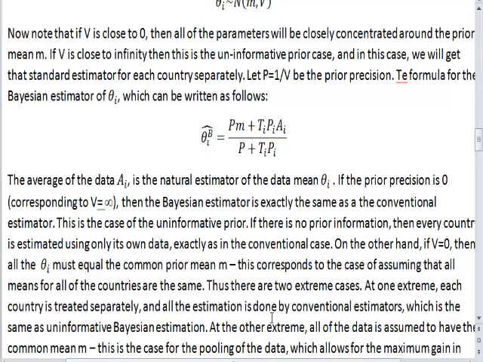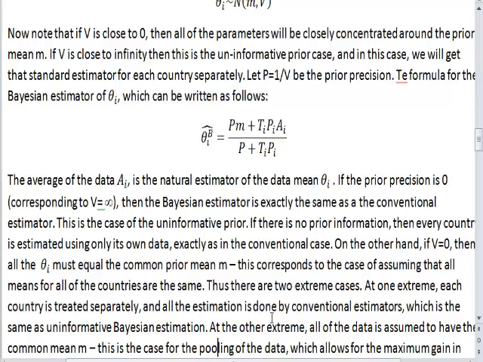So there are two. The conventional estimator of theta I is just AI, the average of the observed data. So that's what you get from standard frequentist technique. It's also what you get from the Bayesian analysis with uninformative priors. So the natural estimator for theta I without any prior information is AI.